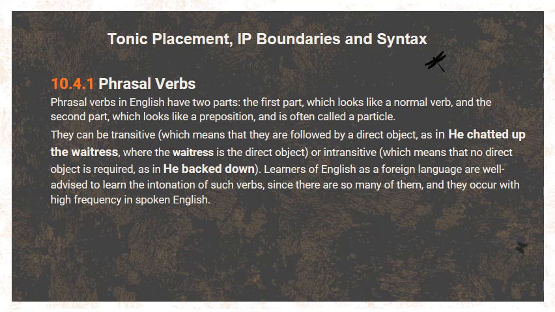They can be transitive, which means that they are followed by a direct object, as in he cheered up the waiters, where the waiters is the direct object, or intransitive, which means that no direct object is required, as in he backed down. Learners of English as a foreign language are well advised to learn the intonation of such verbs, since there are so many of them and they occur with high frequency in spoken English.